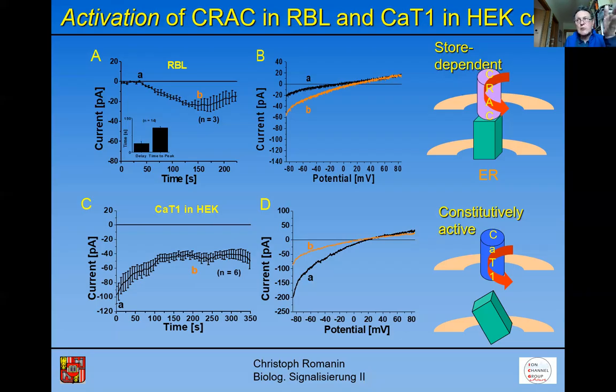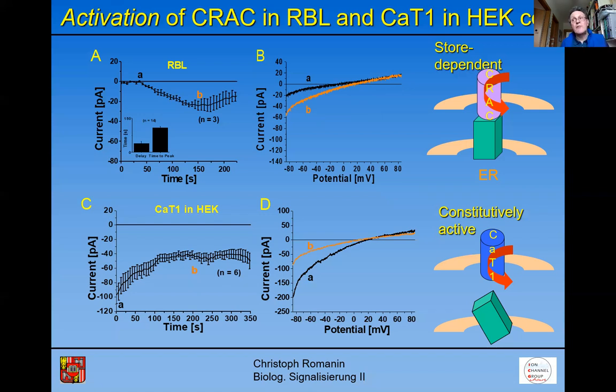But when we now express CAT1 in the HEK cells, you can see they have a selective calcium current, as you can see under A. So it also shows this positive reversal potential. And it looks somewhat similar to that current here, where it's fully activated in the mast cells.